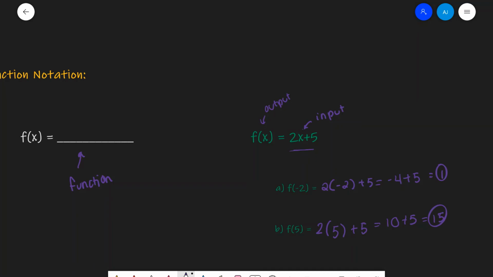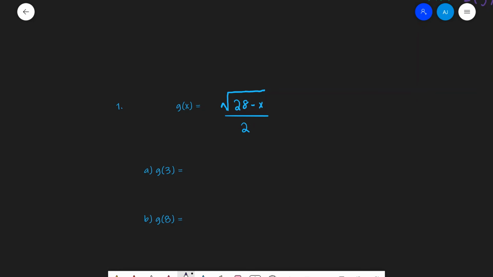Now let's try a few problems involving function notation. Alright, so in this problem, all that is needed is that you just substitute the given input values for x, like we discussed before, and calculate to find g of x, or the output value in this case. So thus, if you substitute 3 for x into g of x, you would get square root of 28 minus 3 over 2.